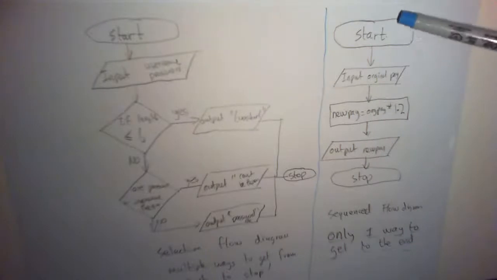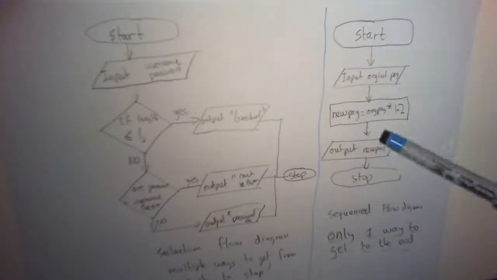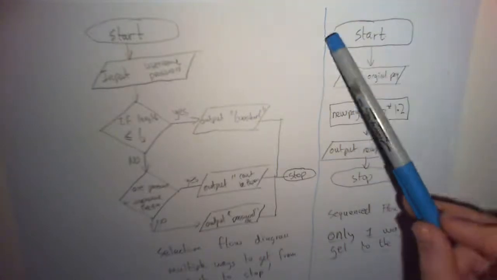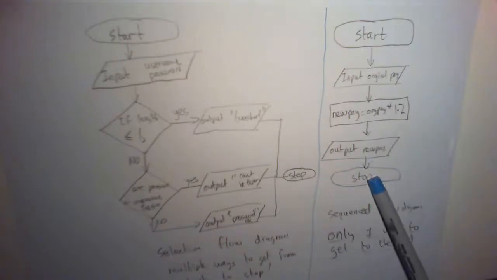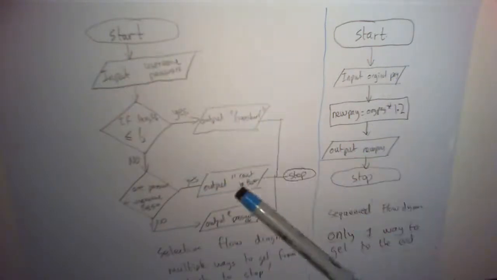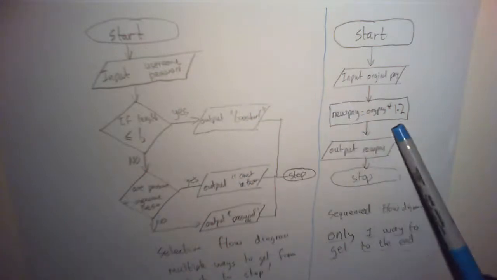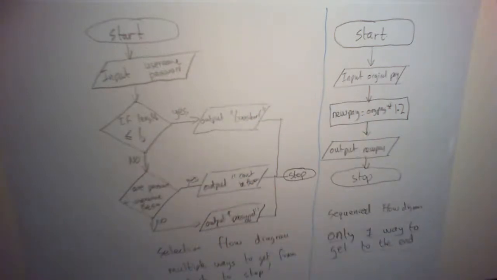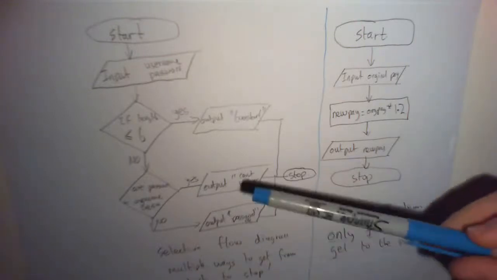So let's go through it again. Let's do our checklist. In our sequenced, I have a start and a stop. These are my pill-shaped boxes. We have a number of inputs and outputs in both of them. We have a process here. No, I noticed here we don't have a process. Did you notice that? We didn't have a process in this one because there was nothing to be calculated. We were just checking.